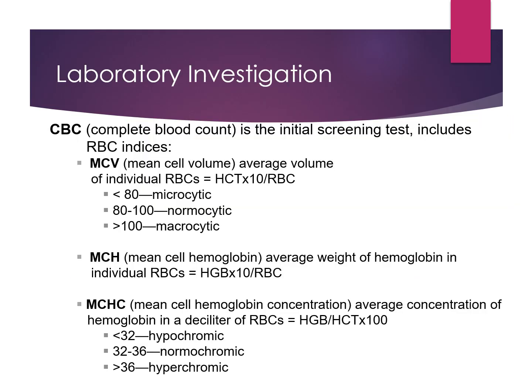Okay, so let's just review our laboratory investigation with regard to our hematology testing. We have our CBC, which is the complete blood count, and that, of course, is our initial screening test. This is often where anemia is discovered. And, of course, our red blood cell indices, our MCV, our MCH, and our MCHC.